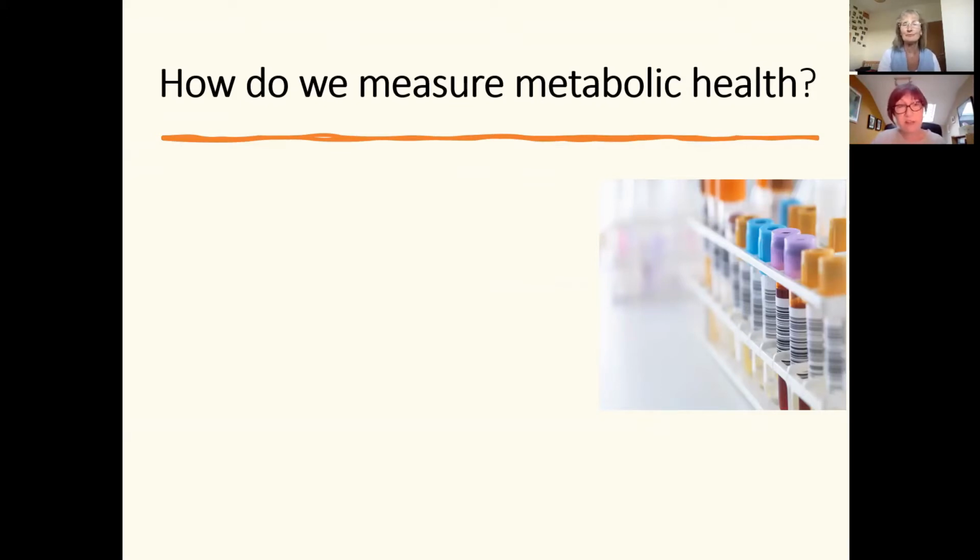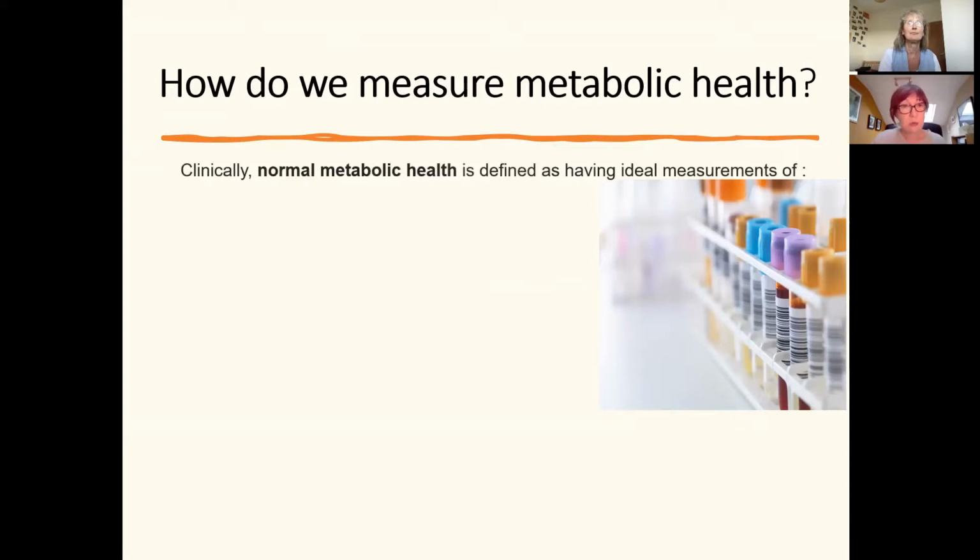There's 5 things really. So this is from a clinical perspective, which means it's practical, that it's something that we can do something about. So normal metabolic health is defined as having ideal measurements of a fasting blood sugar level.